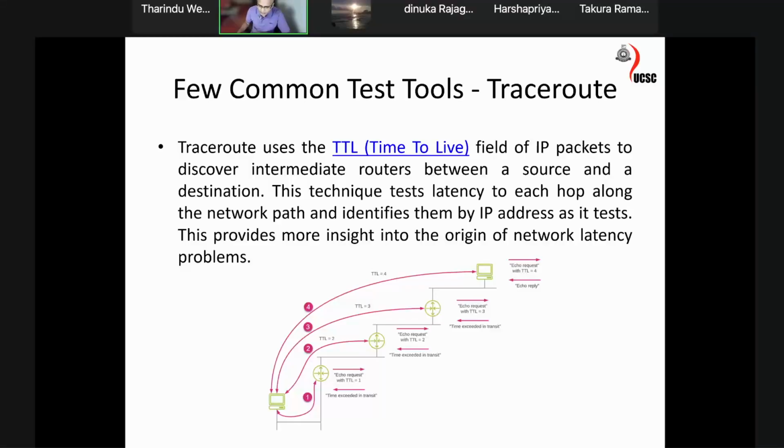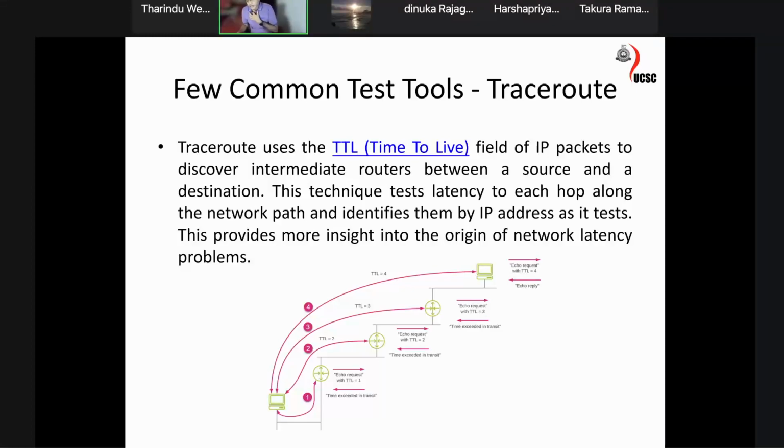As in this example, the source computer and the destination computer are connected by using 3 intermediate network devices. So these 3 network devices are layer 3 devices, which means routing function enabled.